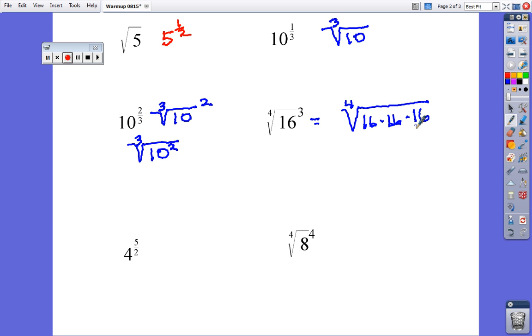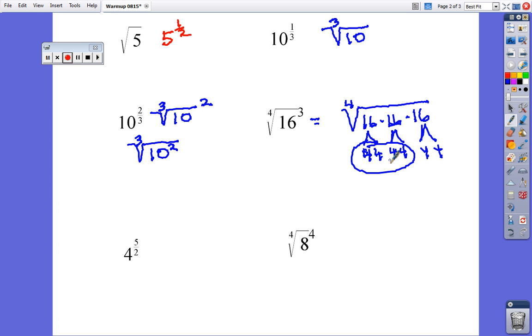Now the idea is we want to find 4 of a number. If we find 4 of the same number, we can pull one of them out since we're looking for the 4th root. And of course, we know 16s are perfect squares. 4 times 4, 4 times 4, 4 times 4. So here we have 4 4s.